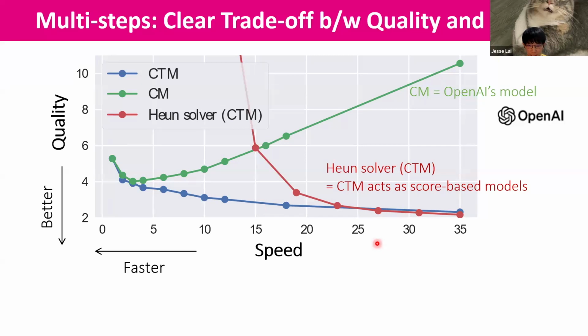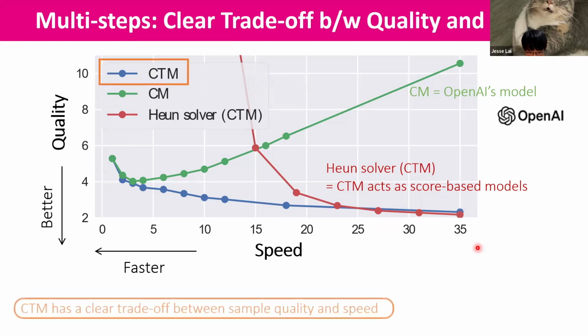And if the CTM model plays the role of a score, we can plug it into any solver, for example the Heun solver, like in EDM. With the CTM model as a score, using the Heun solver, we can get similar performance to what we got from EDM, which is shown over here.